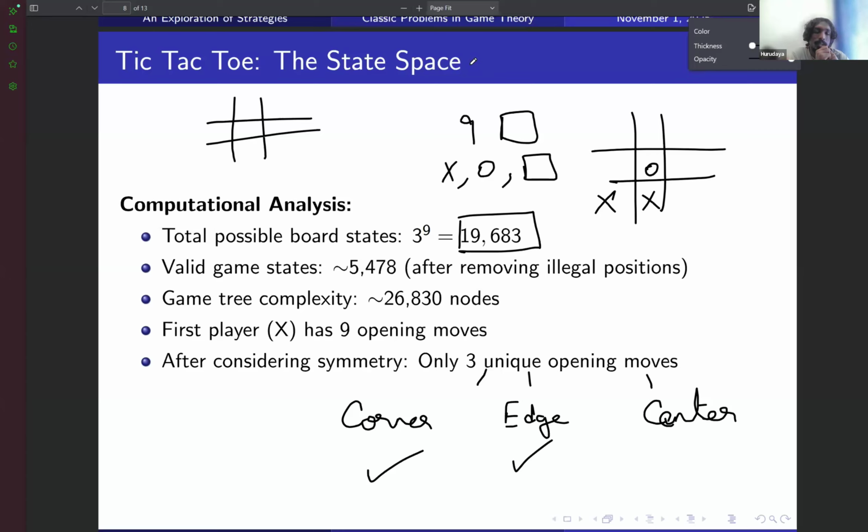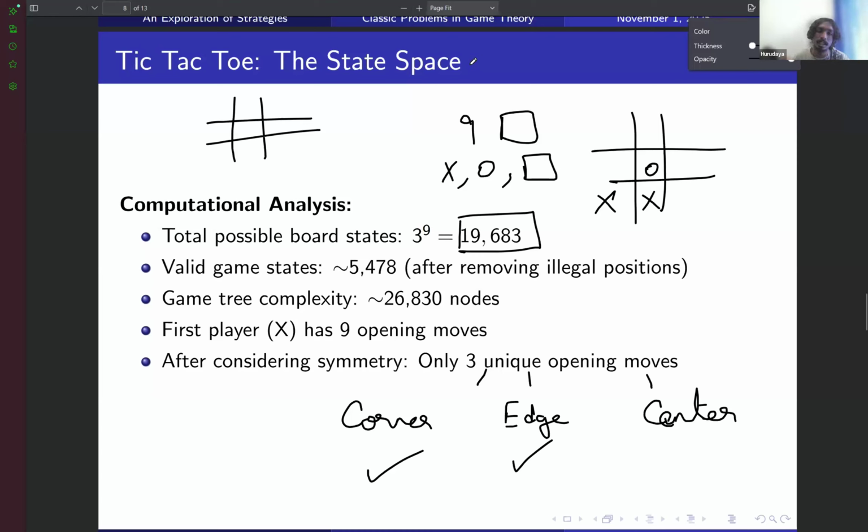Okay, so now what if X plays in the center? I want you guys to do that right now and tell me. So here's the thing.